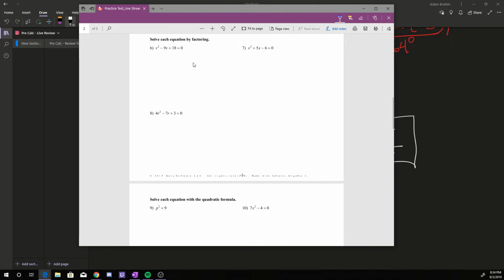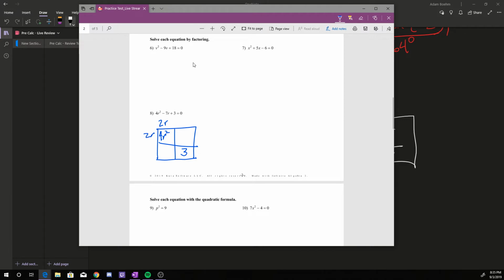So we want to solve this quadratic by factoring. The way I do it, create the box, 4r squared goes up top, and then 3 goes down bottom. And then I'm gonna just try a couple, I don't know the answer to this. So I'm gonna put 2r up top and 2r on the side.